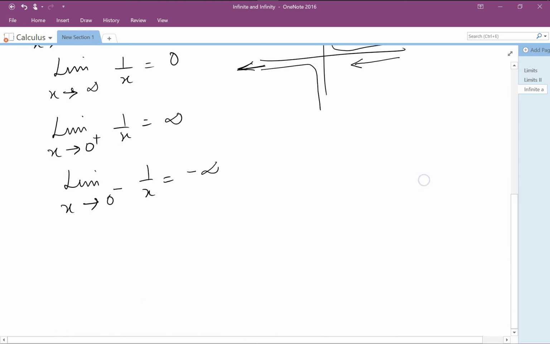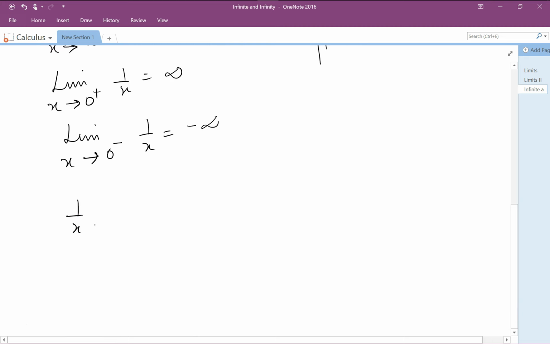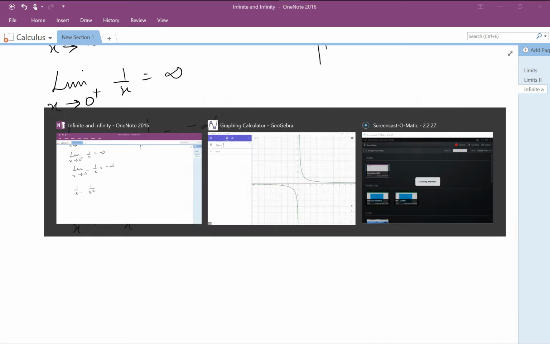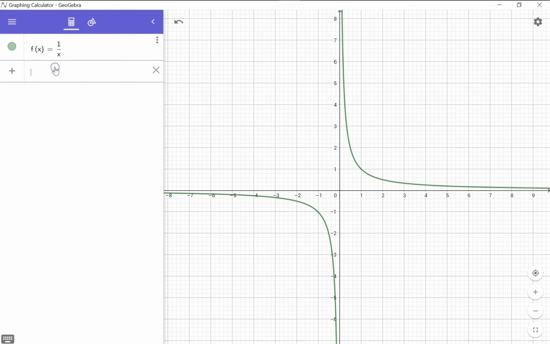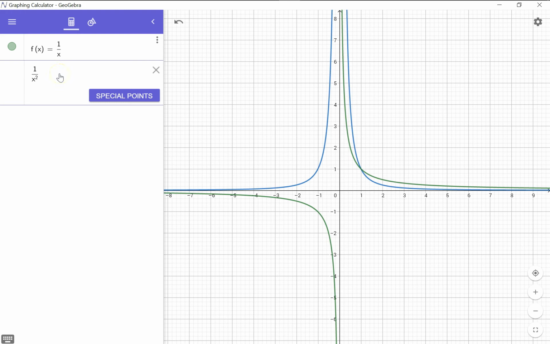Okay, so this 1 by x thing is not specific to 1 by x itself. The x could be in the denominator, it could be anything. Say for example, it could be x square. What is the difference between 1 by x and 1 by x square? Let's see. 1 by x square.